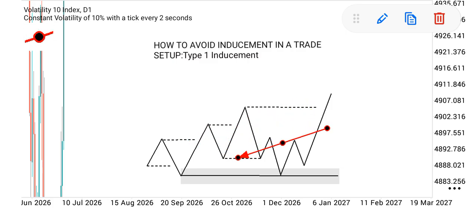We see the market always induces you, it shows you that the market is moving in a direction, and later the market clears you out, clears the TP, and moves to the original direction.